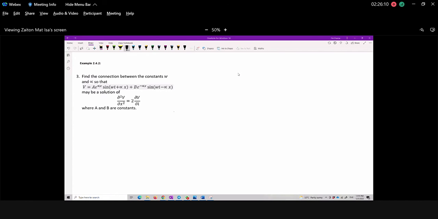Example 2.4.23: the connection between the constant W and alpha, so that V, in the V we have the alpha and then the W, may be a solution of the PDE. So you just substitute. From the V, you need to find the Vxx and then the Vt.